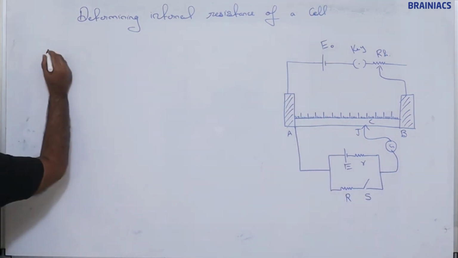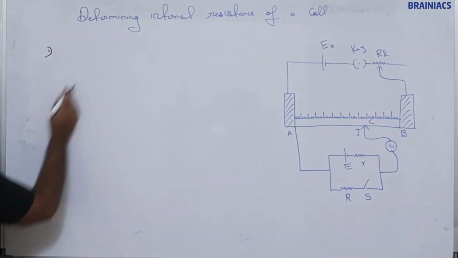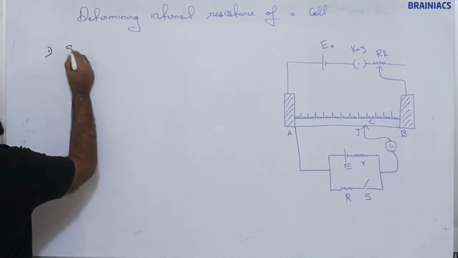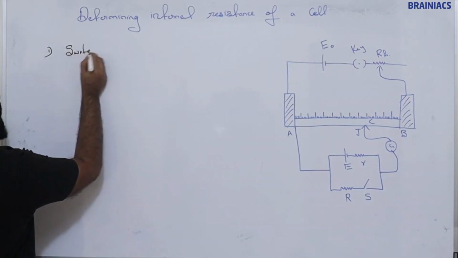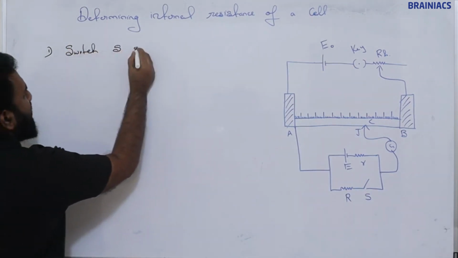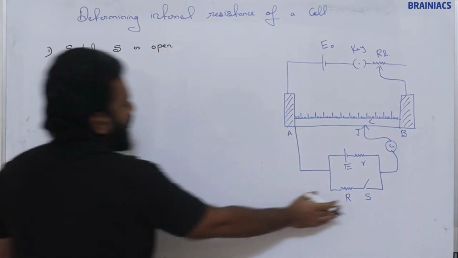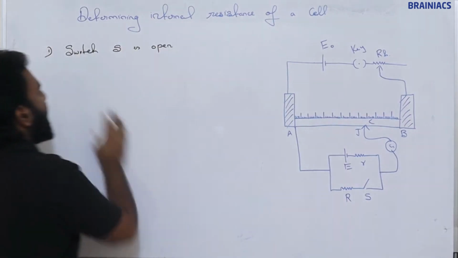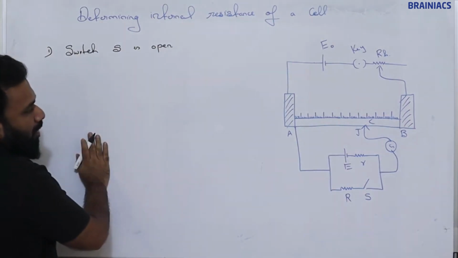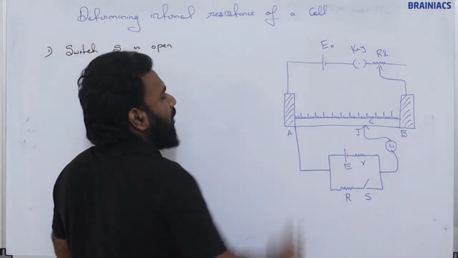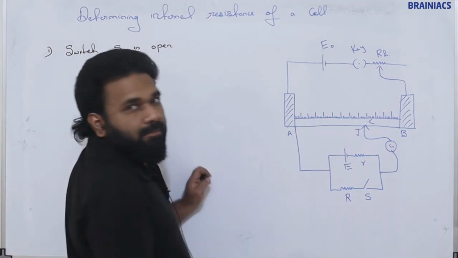So the first process, number 1: switch S is open. At that time we will be able to find a balancing length.